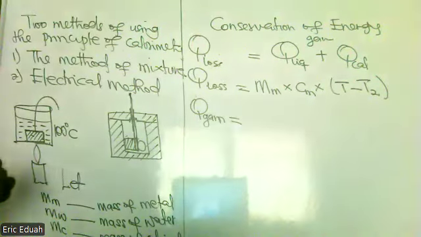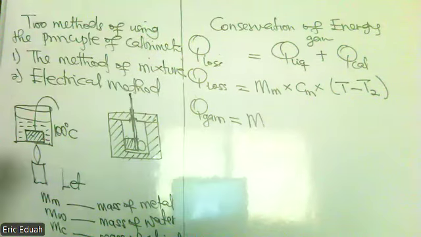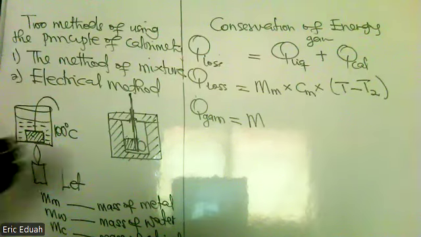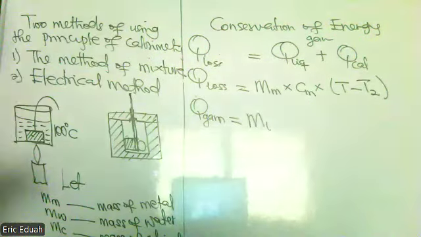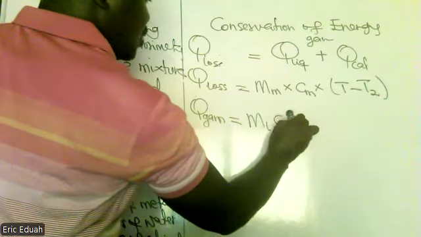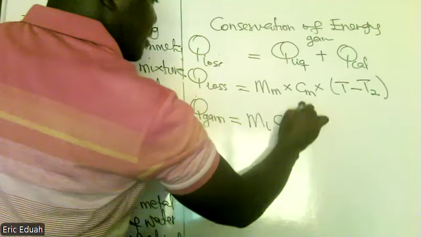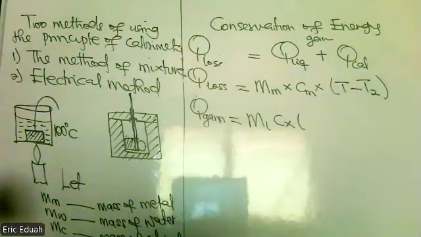The Q gain will be equal to the mass of the liquid times the specific heat capacity of the liquid, which we don't know. I want somebody to help me determine the change in temperature here.